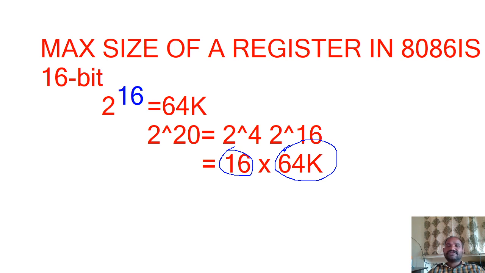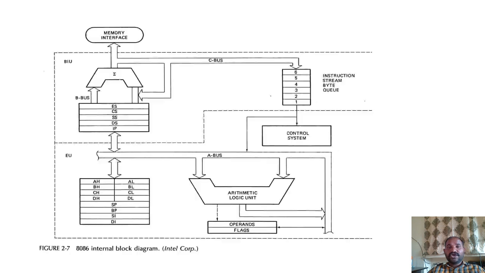Okay. So this is all about our explanation of memory accessing. In short, in the calculations we have seen, the microprocessor generates the 20-bit physical address by taking the base address from the corresponding segment register, and the offset address from any one of these registers or the IP register.